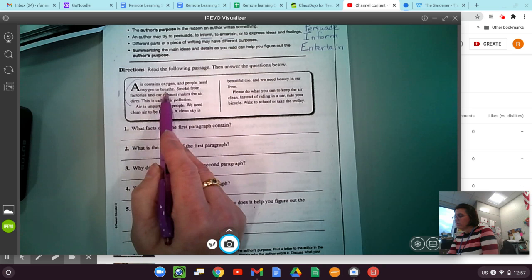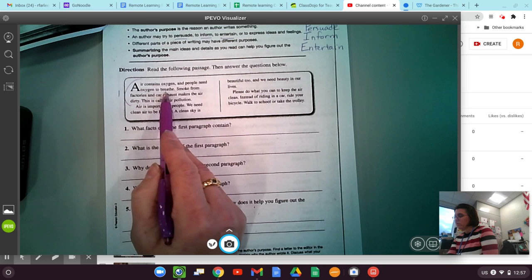So that first paragraph talks about facts about the air. What facts does the paragraph contain? It contains facts about our air. Okay, capital and period.